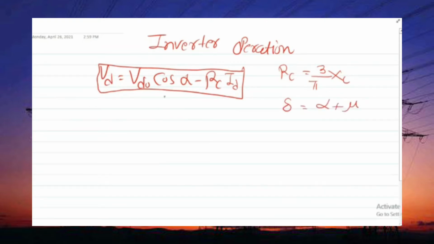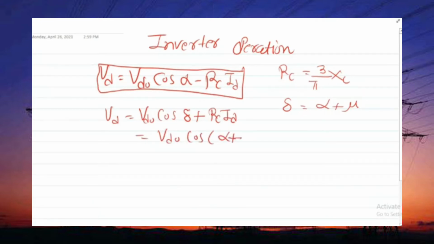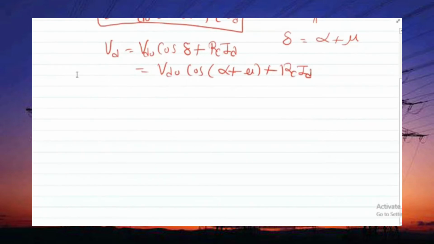If we consider the delta angle in the rectifier operation, our equation becomes VD equals VDO cos delta plus RC ID, or you can also write VDO cos (alpha plus mu) plus RC ID. So all these equations are used for rectifier operation.